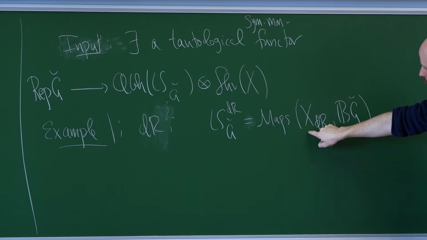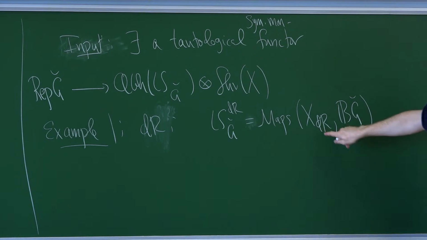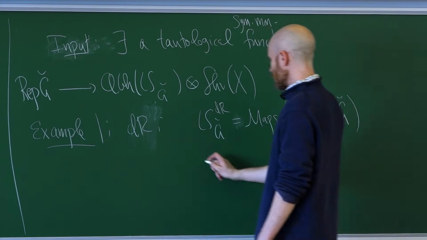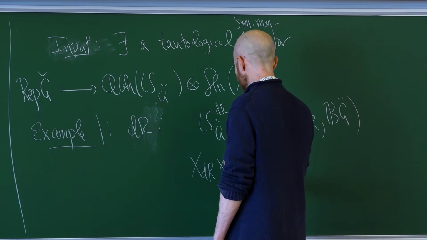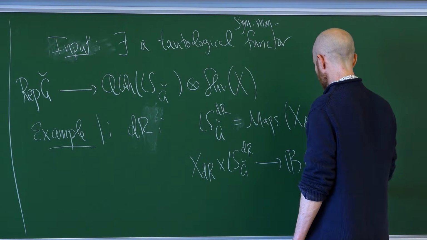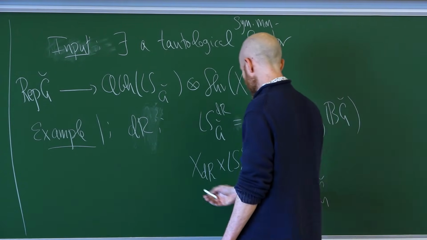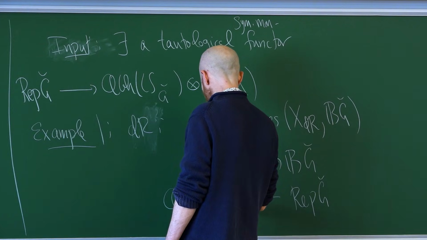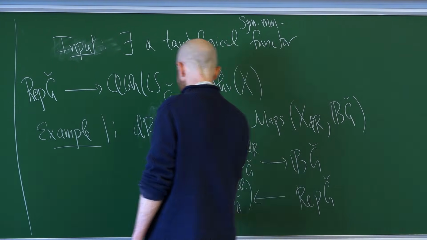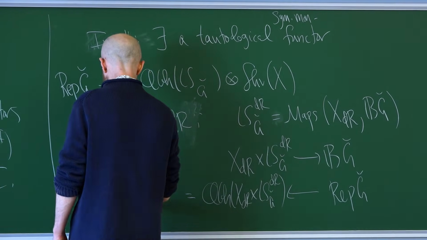This is the space where you take X and identify infinitesimally close points. It's designed so that quasi-coherent sheaves on here are D-modules on X. And that tells you that there's a canonical map to here. And then by pullback, you get a map from representations of G check to QCoh of X de Rham times LocSys G check de Rham.